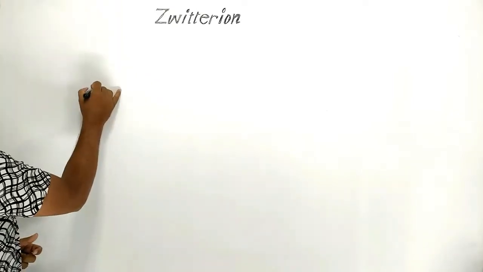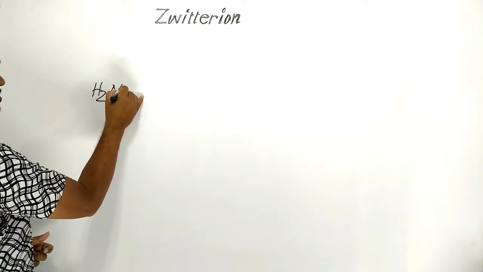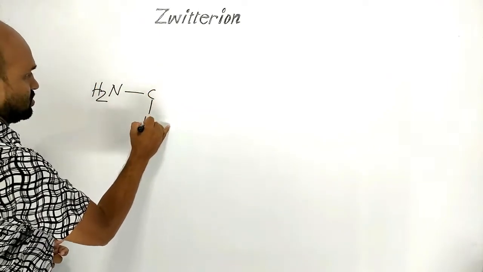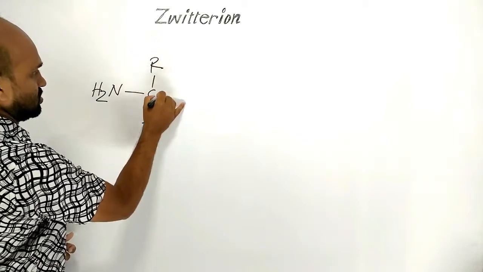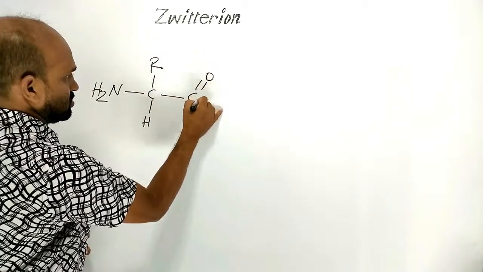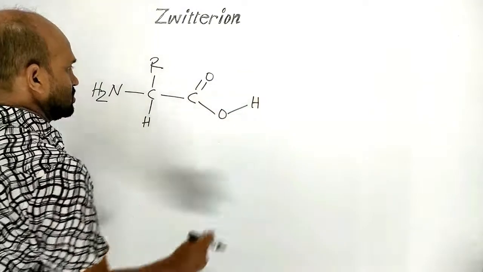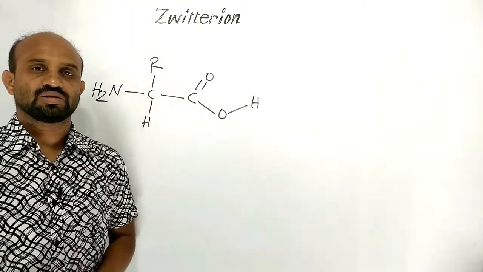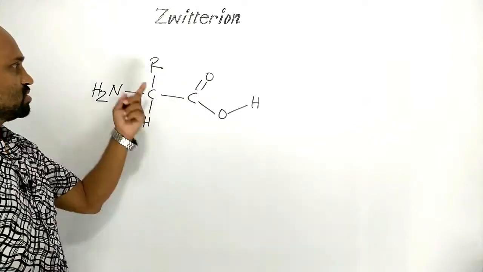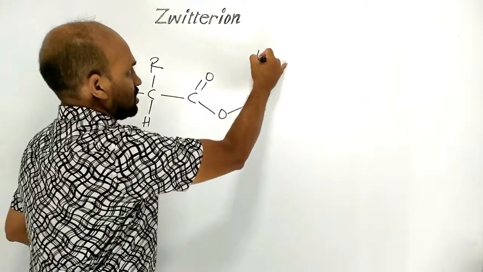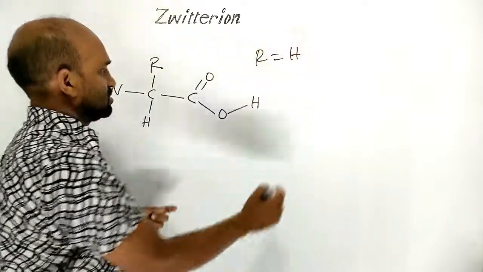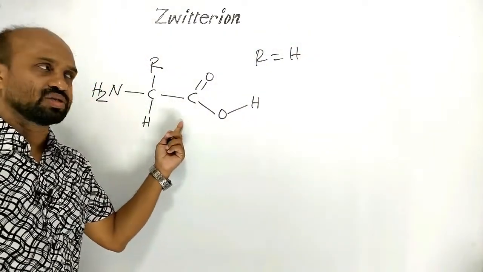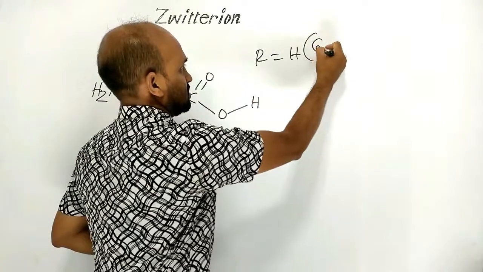Now the compound is alpha amino acid. Let's write. This is an alpha amino acid that makes proteins. When R is hydrogen, then the compound is glycine.